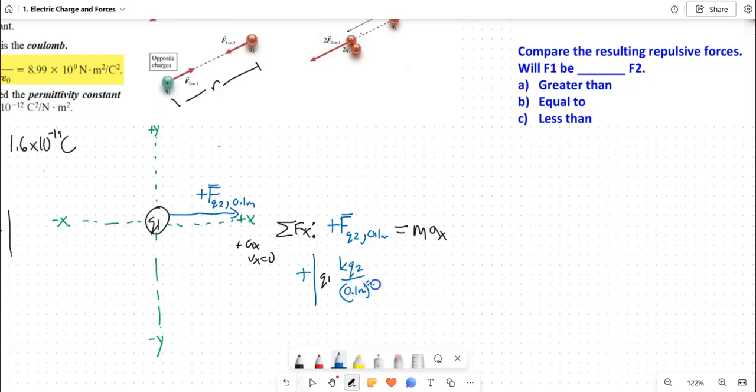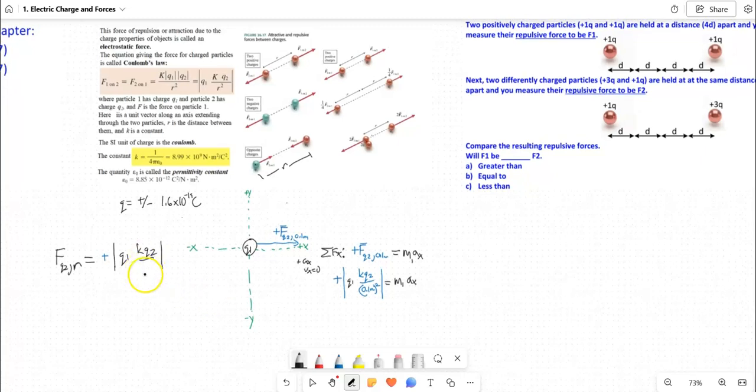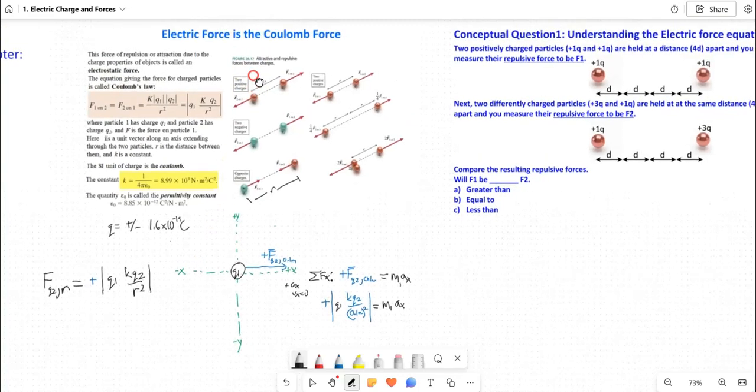And we got to remember we have to square it. And that's going to be equal to the mass of charge 1 times its acceleration. Okay? So this is a little mini force diagram. Okay? And so this is how we are going to begin.